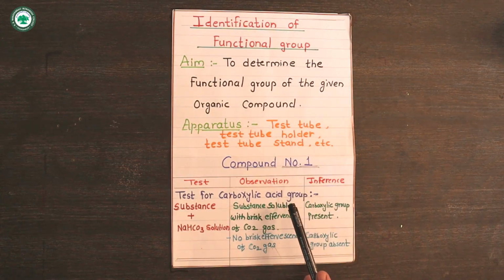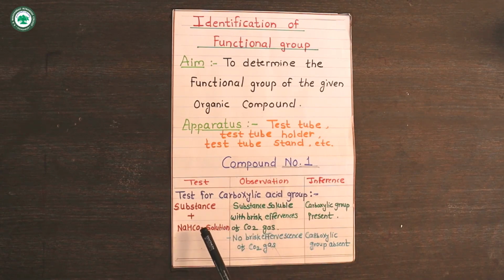First of all, compound number first. We have to detect the functional group of compound number first by using different tests. First test is for the carboxylic acid group.